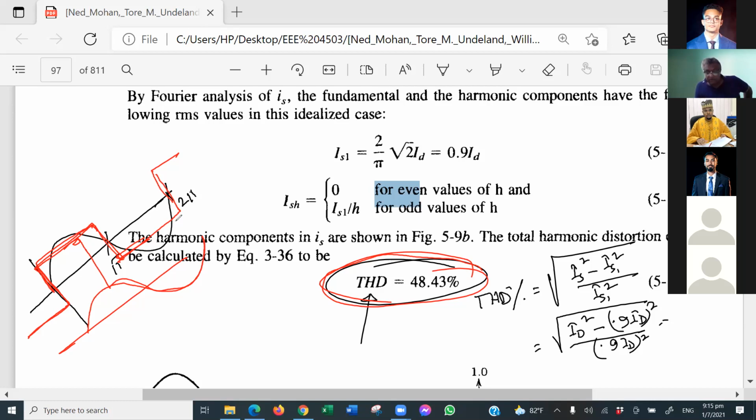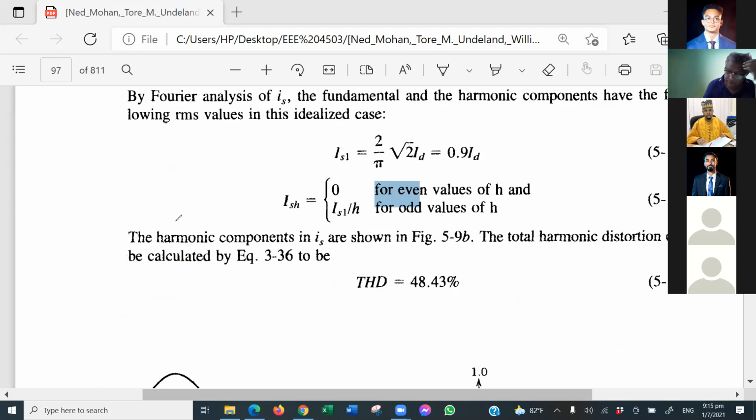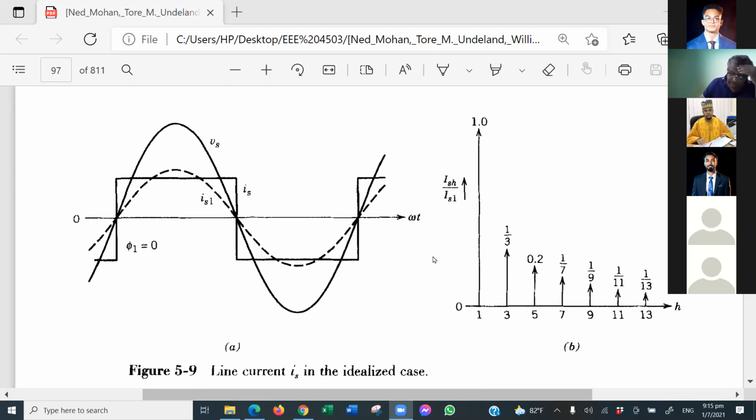So what will be the input power factor? Since it is not sinusoidal, we have to find out the input power factor for this one, right? Let us see. Here I have already described this figure to you, and they have made it IS1 by this one, and this is a normalized value. You understand it or not?